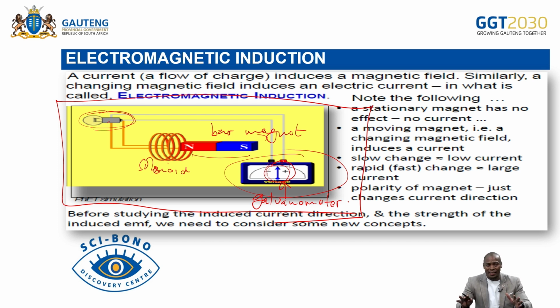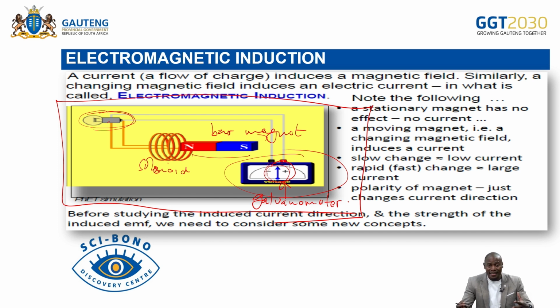But initially, in electromagnetic induction, we want to produce current using the magnetic field. You have seen that if there's no movement between the magnet and the solenoid, no current is induced. Current is only induced as long as there's a changing magnetic field, or relative motion between the conductor and the magnetic field.